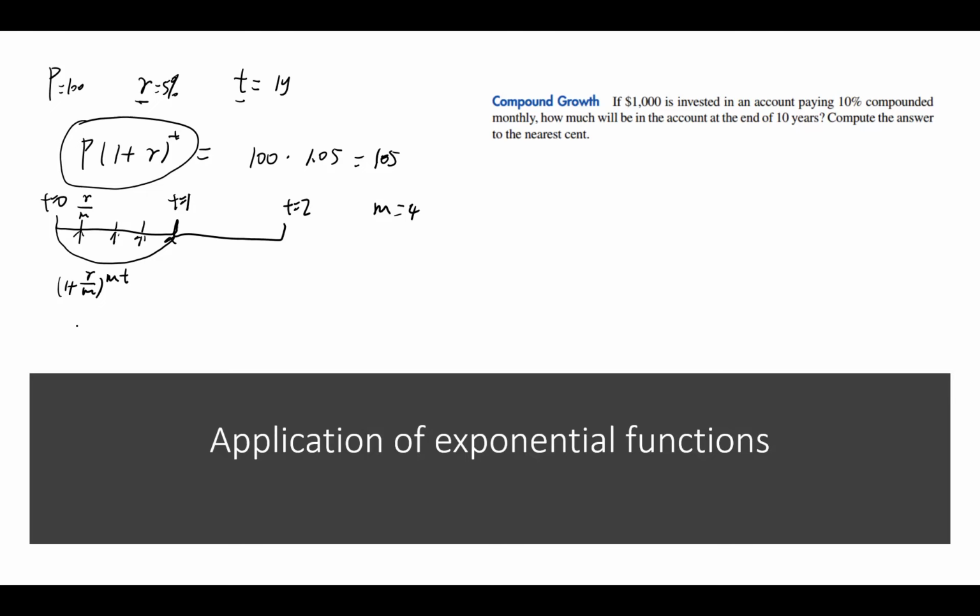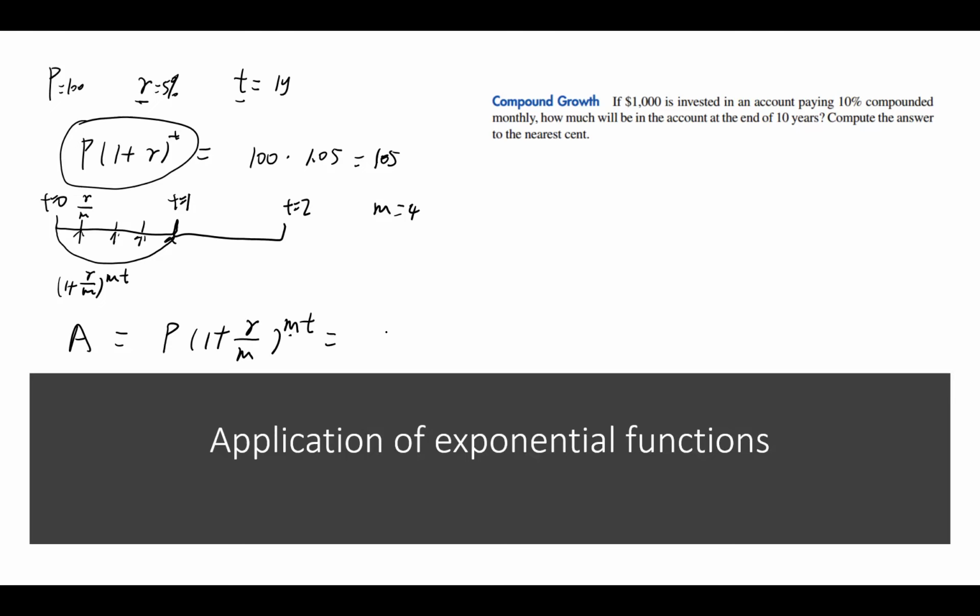If we denote the future value of the money as A, then we have this formula: A equals P times 1 plus r divided by m, the interest rate for each period, raised to the power of m times t, because we still do this for T years, and each year we need to do this m times.